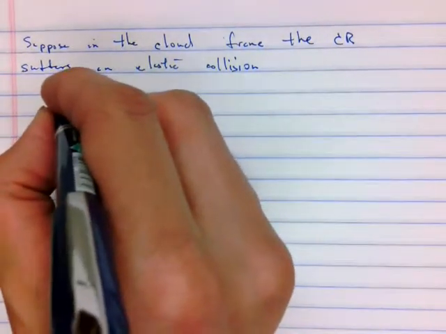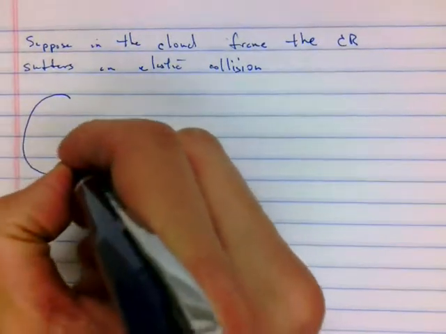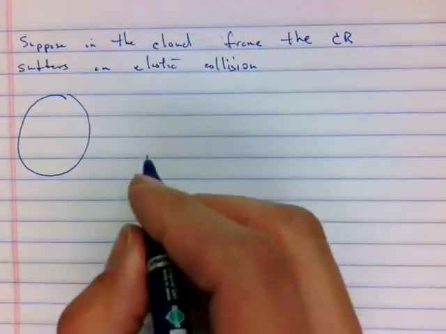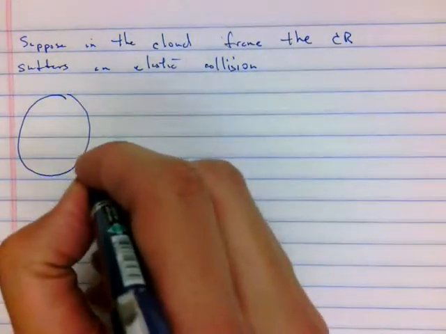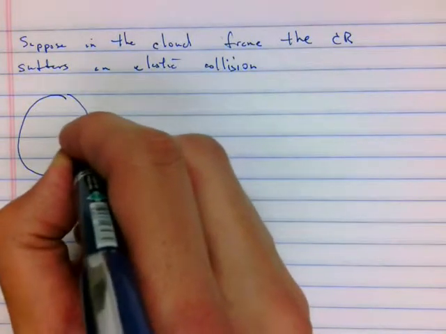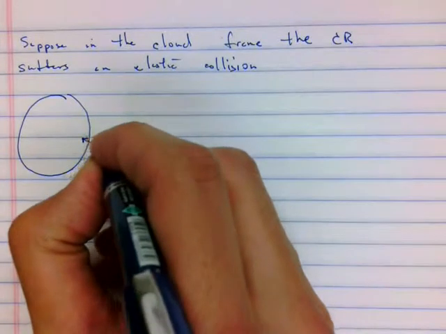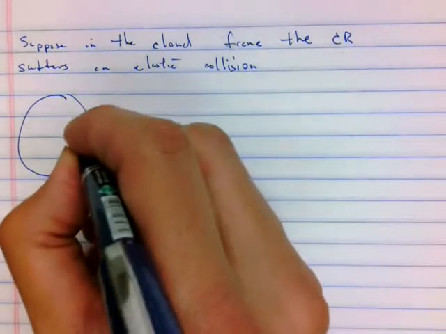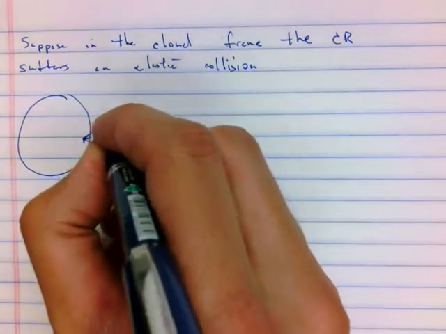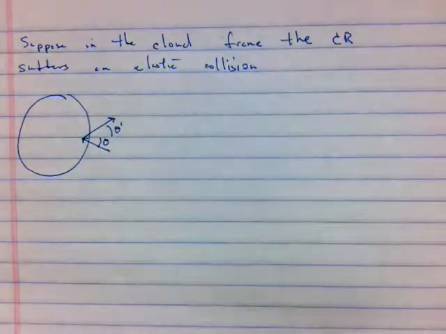Let's just draw that picture again. Now the cosmic ray comes in at some angle theta, and basically comes back out with some angle theta prime.